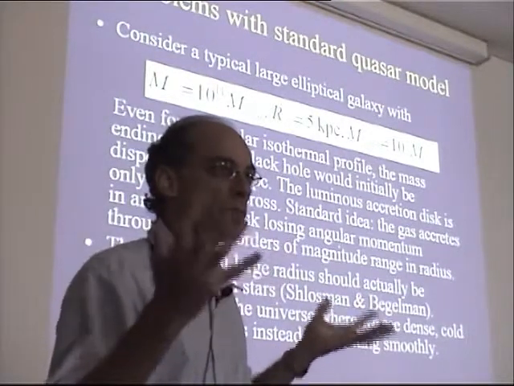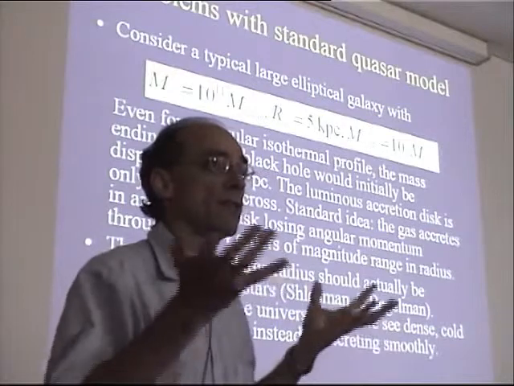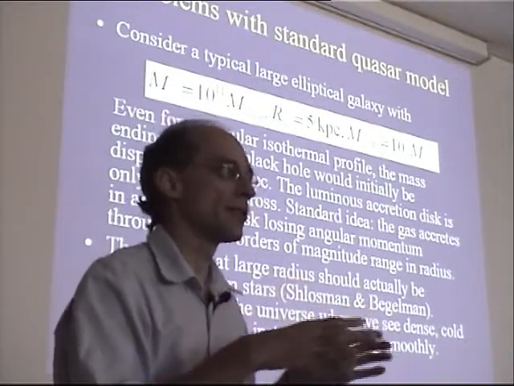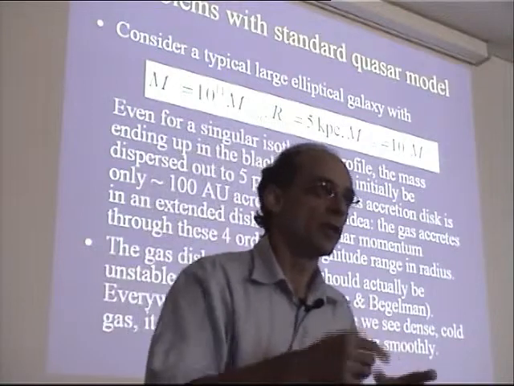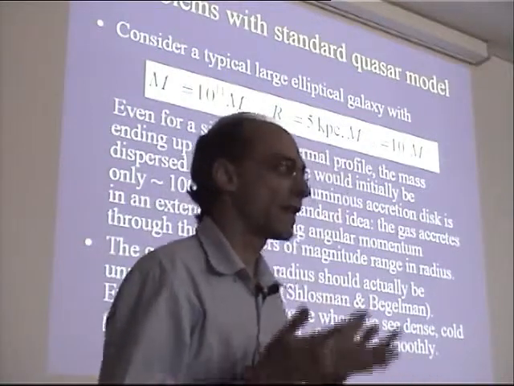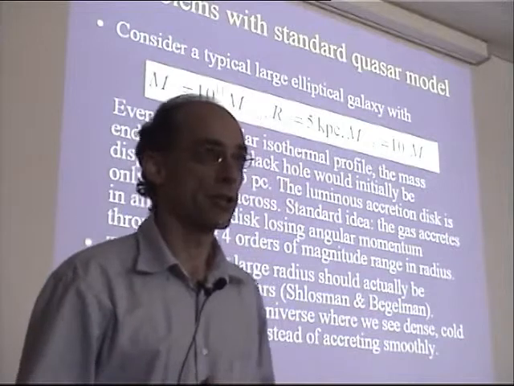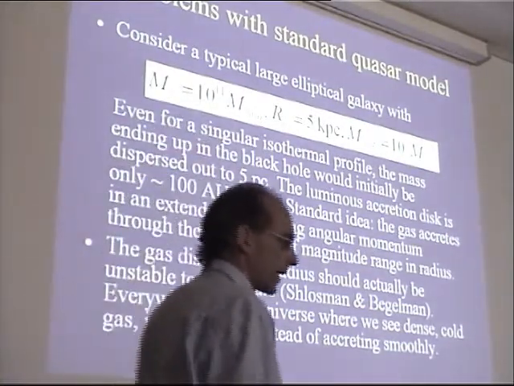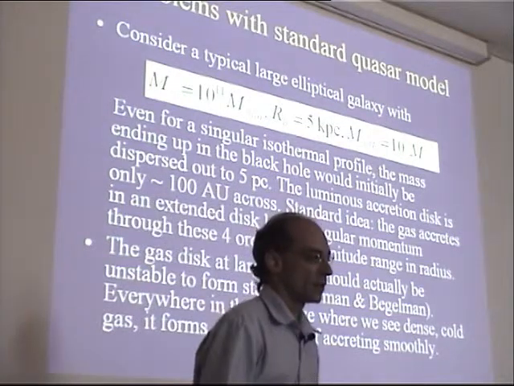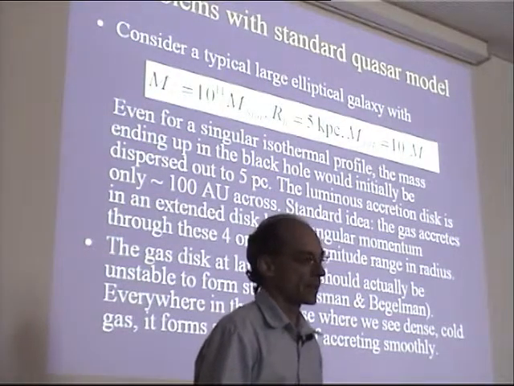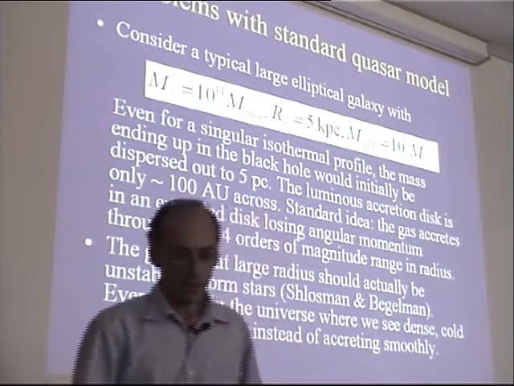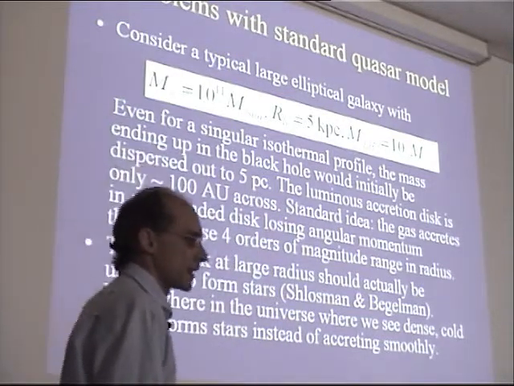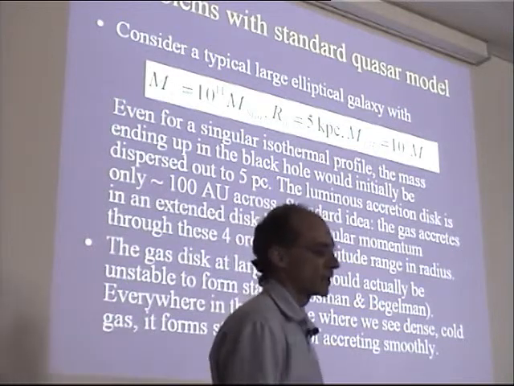There is some viscosity process, something that causes the gas to lose angular momentum, and it will gradually move to the center of the galaxy until it reaches the zone of influence, and then continue to accrete further to the center, and finally go into the luminous region of the accretion disk that we see as a quasar, and then go into the black hole. But one has to realize that this standard idea is not really supported by a lot of evidence, and it's actually hard to understand how that could happen.